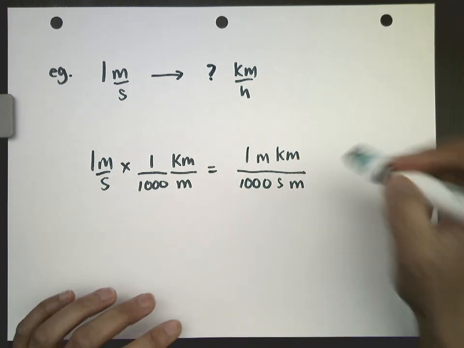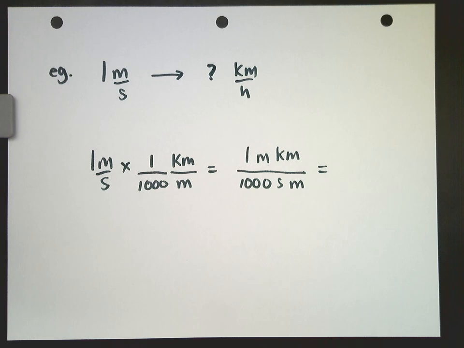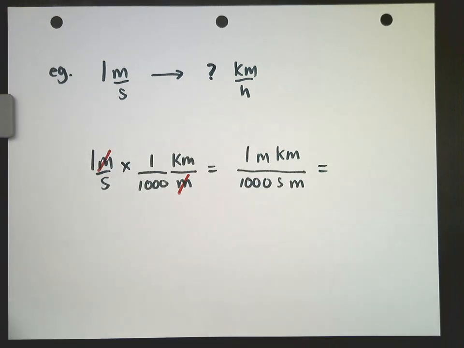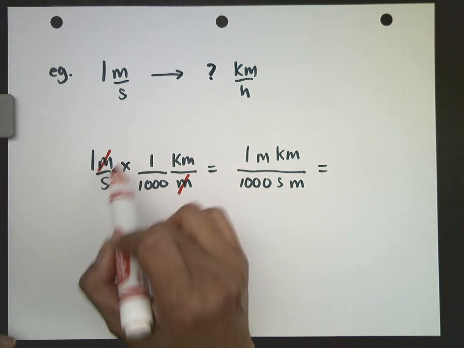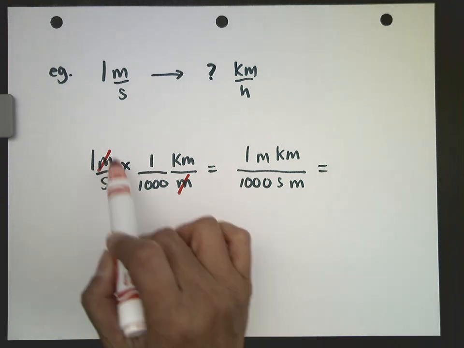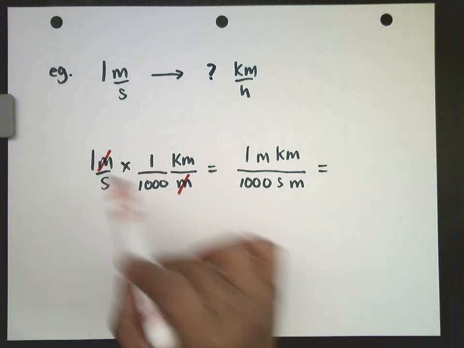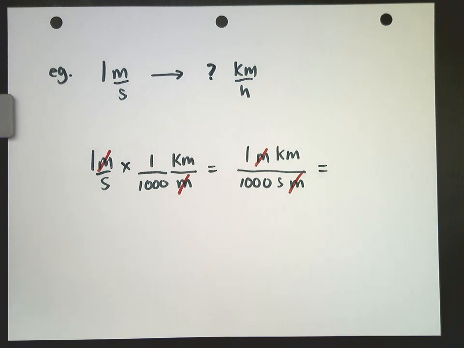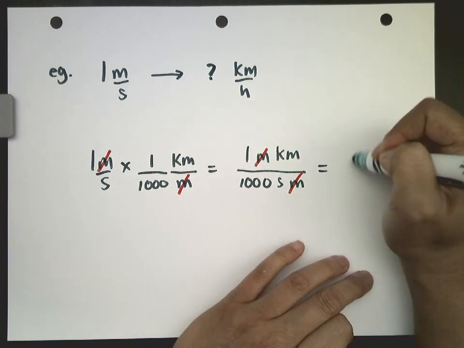Now typically I don't write that. Typically what you guys do in math class is you like to cancel common things like this. If there's one unit of measurement that can be canceled out from the numerator and the denominator, you do that. So we're going to cancel those out. And so essentially this is what you got.